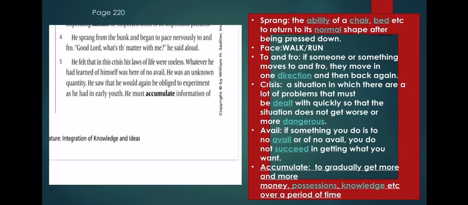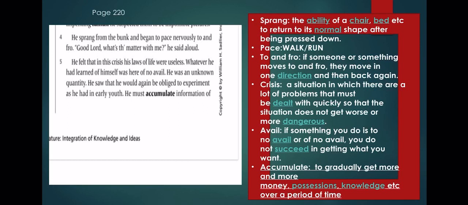It was like he had no success in getting what he wants. So whatever laws of life he had, whatever he tried to teach himself all of these years, had no avail, which means no success, that he did not succeed in anything.